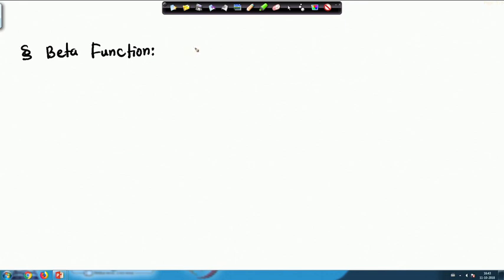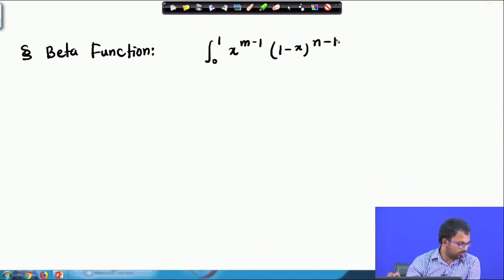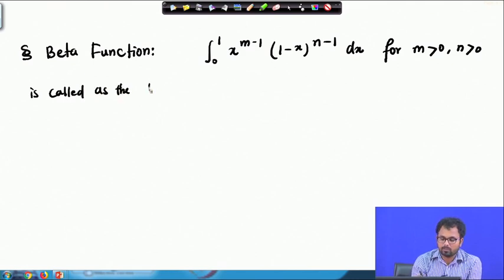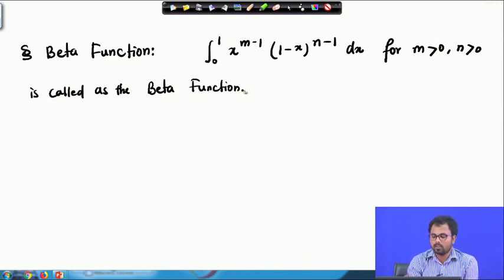So, an integral of type 0 to 1 x to the power m minus 1 times 1 minus x to the power n minus 1 dx, for m positive and n positive, is called the beta function, and it is denoted by B of m comma n equals to integral 0 to 1 x to the power m minus 1 times 1 minus x to the power n minus 1.